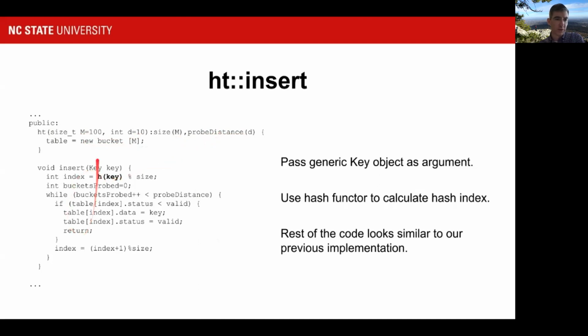And then this insert function is basically just like the linear probing insert function we've already talked about. The only difference here is that I'm going to use that hash functor to calculate the index. So I pass in the key object into the functor and modulo by the size in order to get the index. And then the rest of this code works exactly the same way.